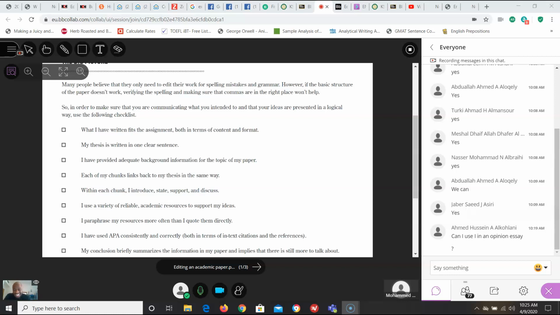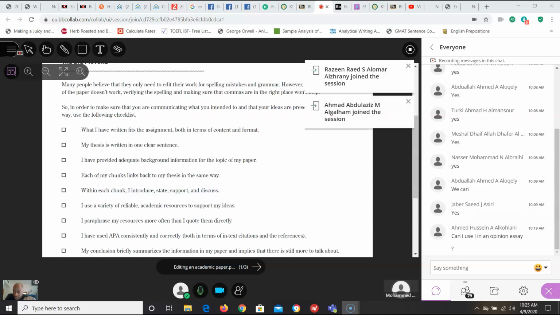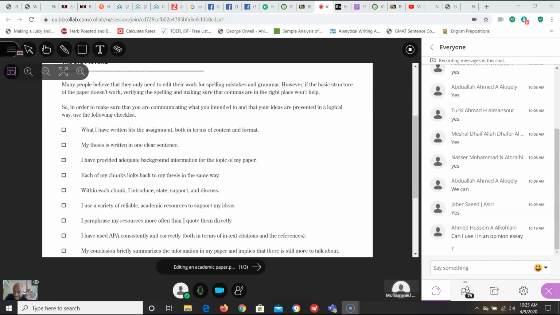Also, remember that your thesis must be debatable. So we want to make sure that you feel comfortable with your thesis, and ask yourself, especially when you're looking at your conclusion paragraph, before you look at your conclusion, look at your introduction and ask yourself, did I prove in the body everything I said I was going to prove and cover in the introduction?